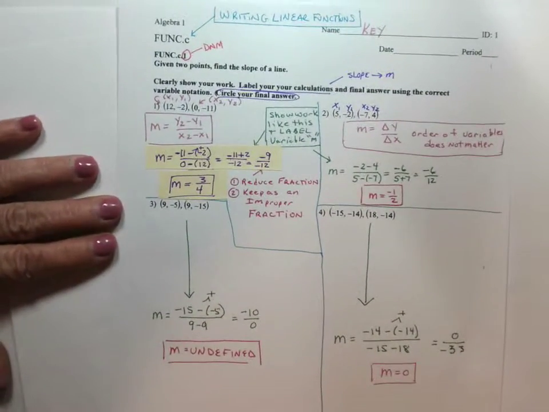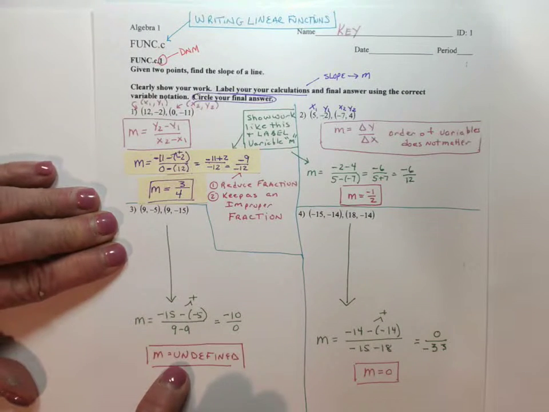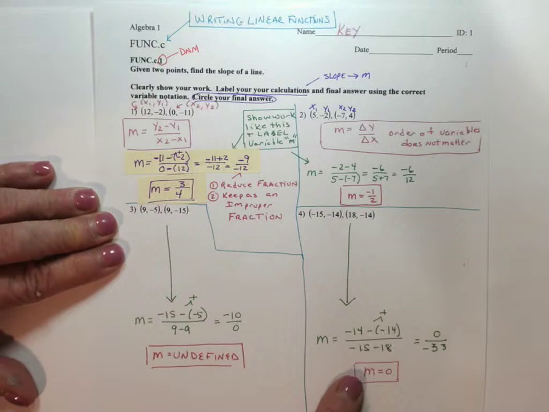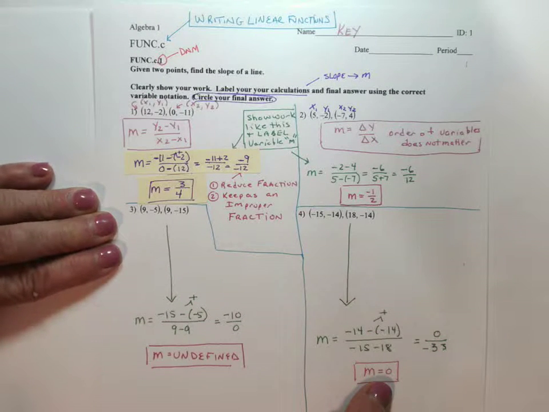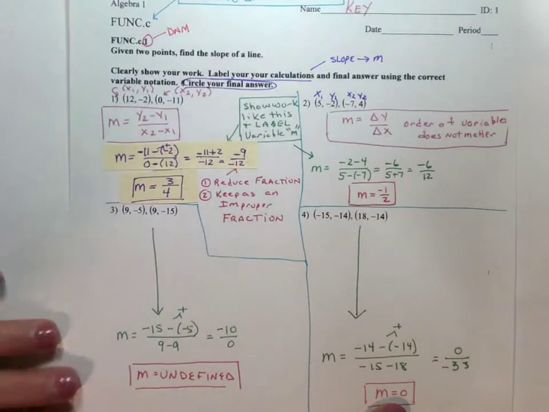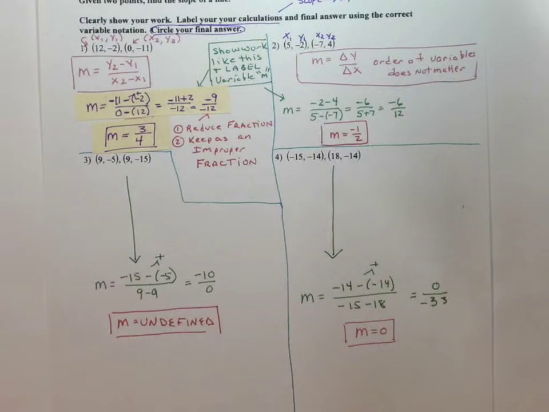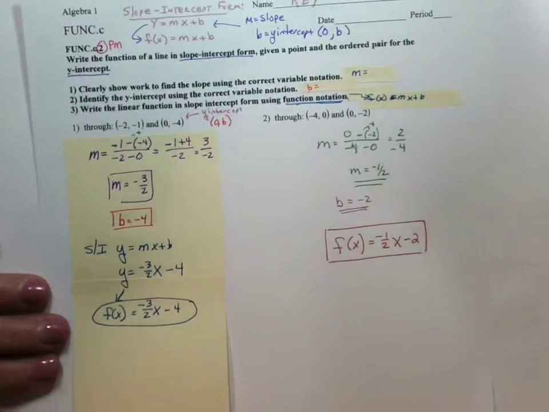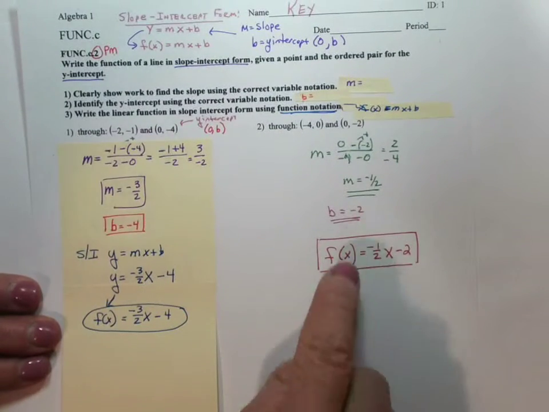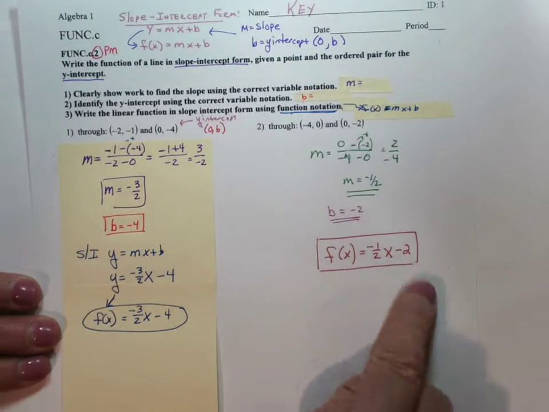The answers to 3 is undefined because you can't divide by 0, and the answer to 4 is 0. So this is the does not meets. For the partially meets, you find the slope, that's the y-intercept, and here it is in function form.